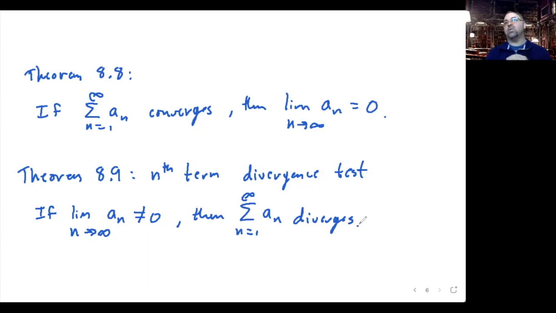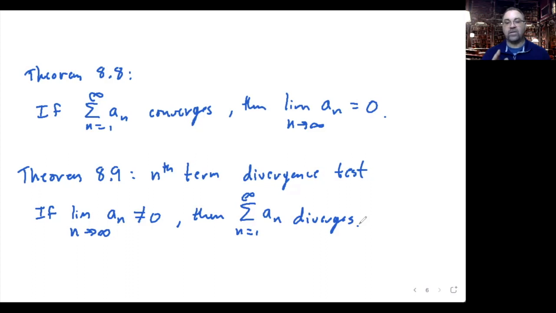And I want to be really careful here, because these are conditional statements that are one direction only. If the terms of the sequence don't go to 0, then we know the series of a sub n diverges. If we know the series converges, then we know the terms of the sequence go to 0. Notice what none of this is saying.